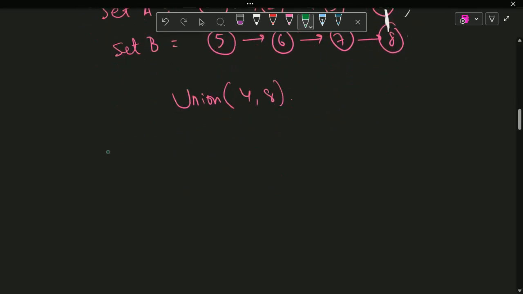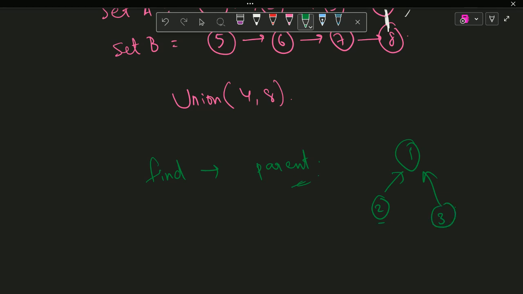Now coming to the next operation, that is find. Find is used to give the parent. The find method is used to find out who is the parent. Suppose in a tree we have 1, 2, 3.